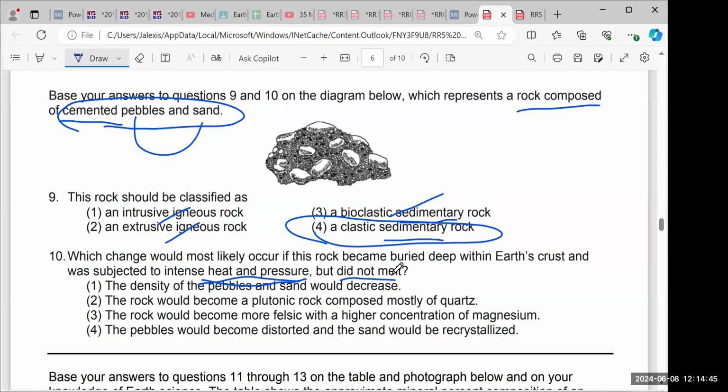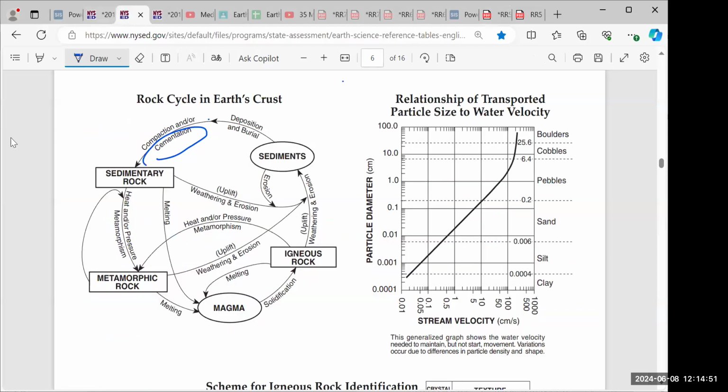If it did not melt and it was exposed to heat or pressure, page 6 of the rock cycle lets me know that rocks exposed to intense heat or pressure can become a metamorphic rock. All right.